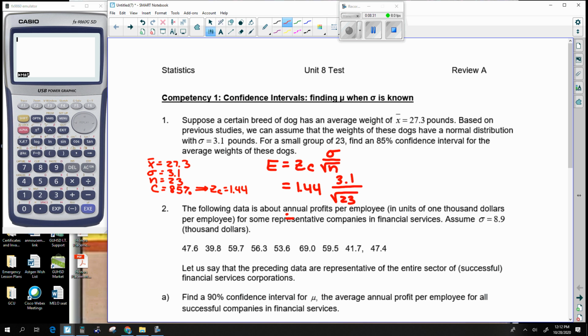And so this E in this particular problem is 0.9308. That is my E in this particular problem.